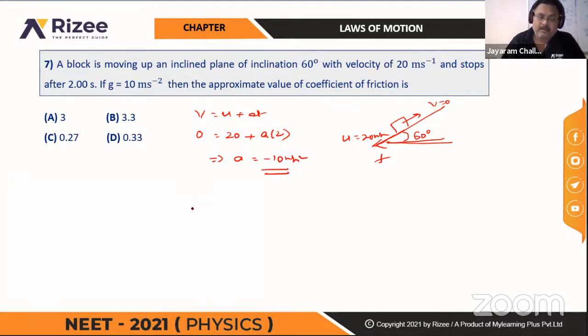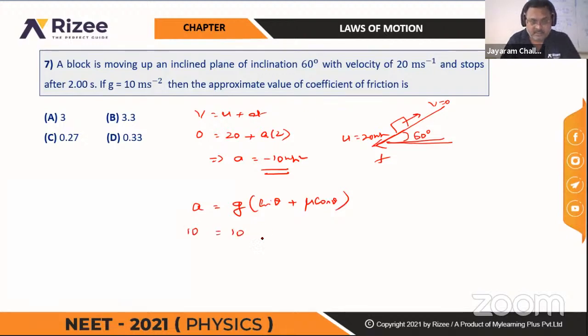But since the block is moving in the upward direction, acceleration value is going to be g sine theta plus mu cos theta. So acceleration is 10, g value is also 10, equal to sine theta plus mu, which is what he is asking, with the angle of inclination 60, plus mu into cos 60.